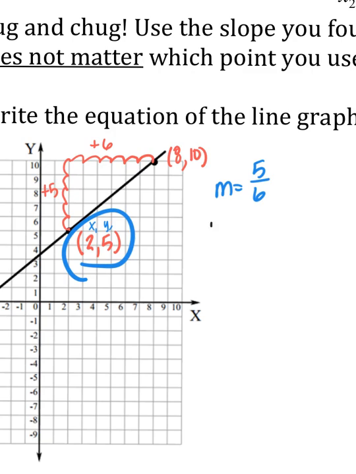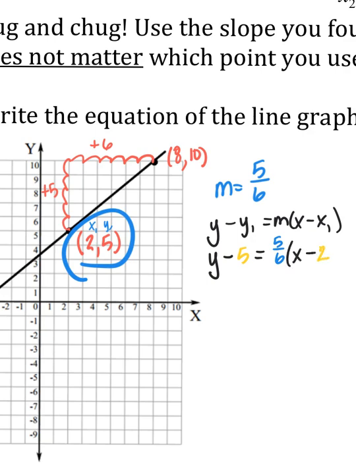I can write my formula. Y minus y1 equals m times x minus x1. And now I can plug in y minus 5 equals my slope, which is 5 over 6 times x minus 2.